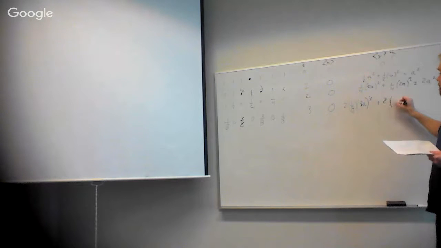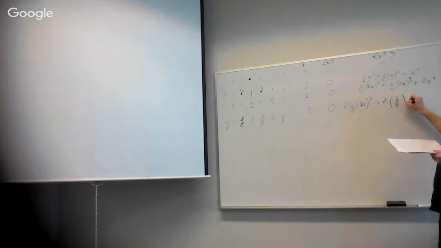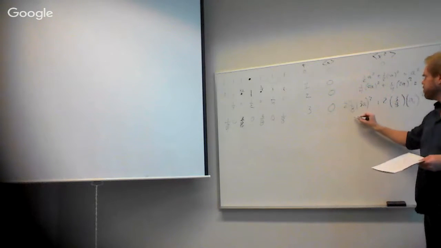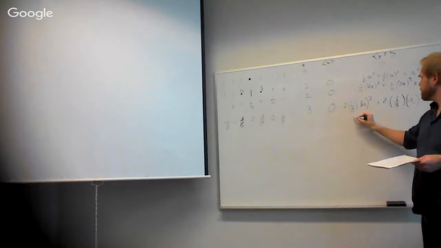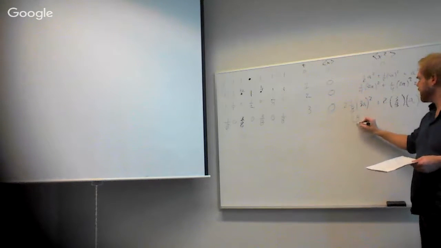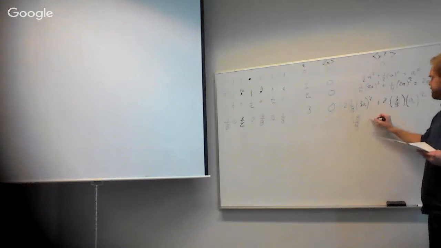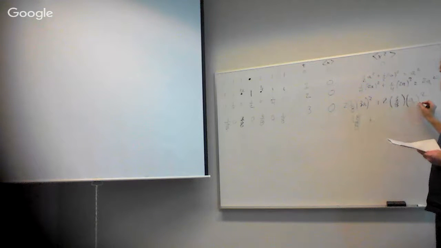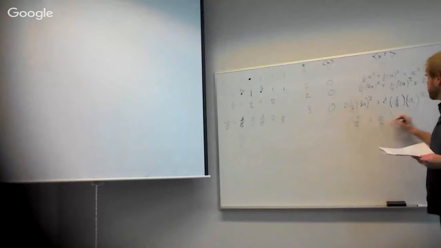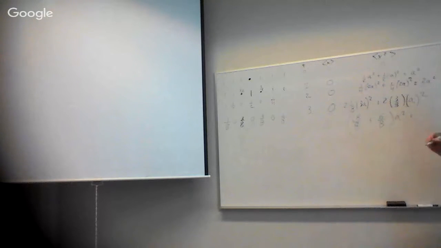I'm going to have 2 of those, and my distance there is a. What does this equal? Let's leave that as 2/8. I'm going to get a 9 here, 18/8, plus 6/8, and that's all times a squared. What does that equal? 3 a squared.